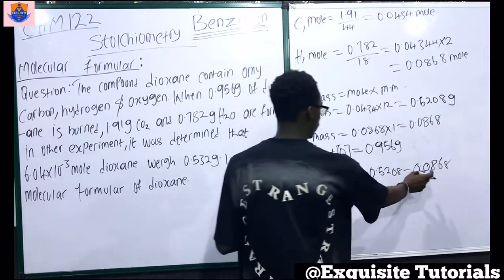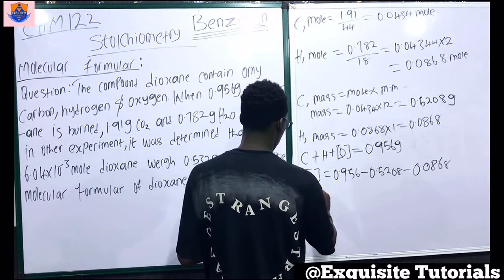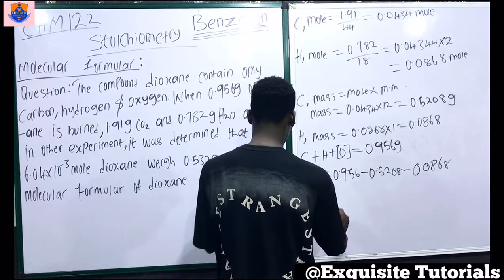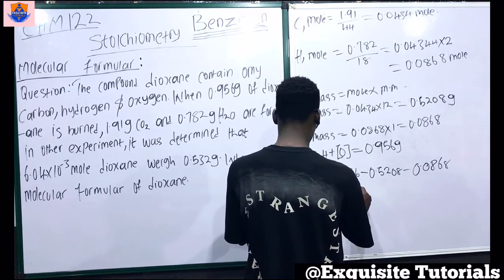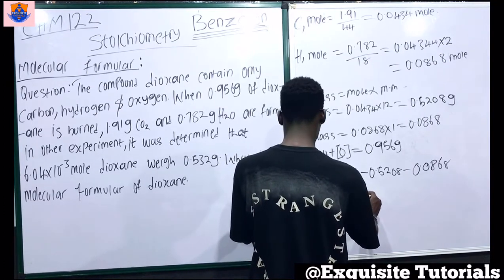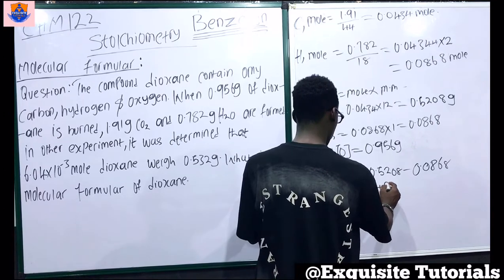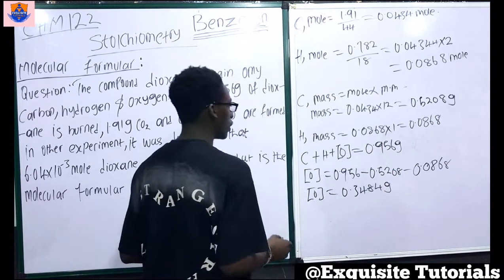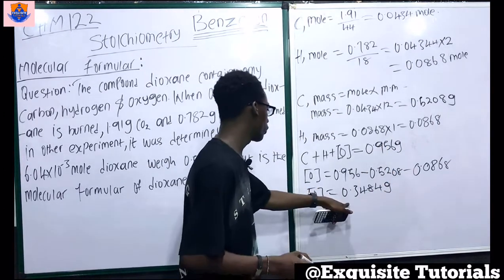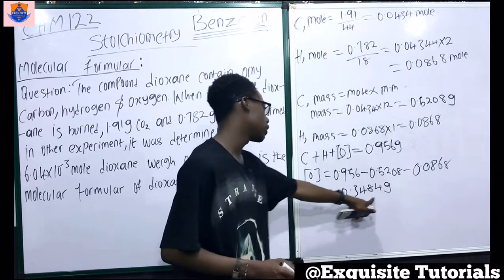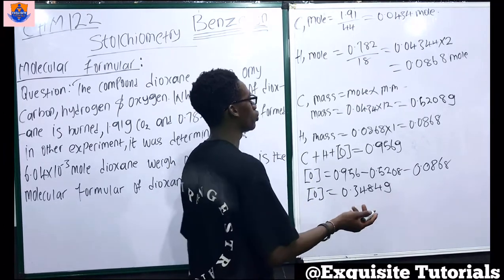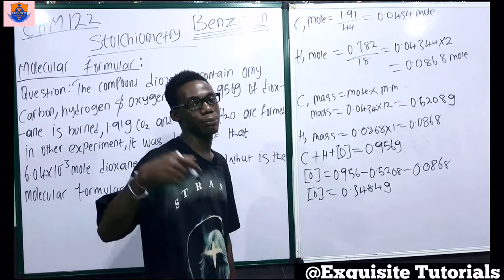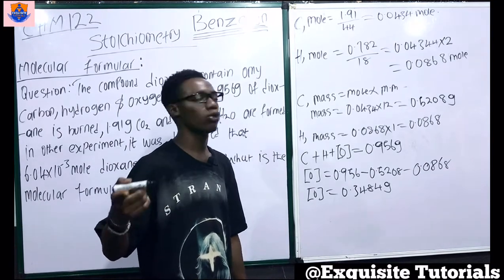So we have the mass of oxygen here as 0.3484 gram. So now we already know the mass of oxygen, so we have to find the moles for us to find the empirical formula and then the molecular formula.